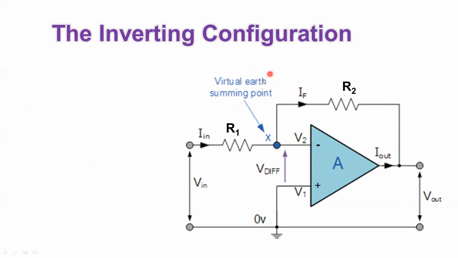Why do we call it a virtual ground? Because basically this inverting input is not connected to the ground. However, because the other terminal is connected to the ground and the voltage V1 equals the voltage V2, then this point should have 0 voltage, and that's why we call it a virtual earth or a virtual ground.